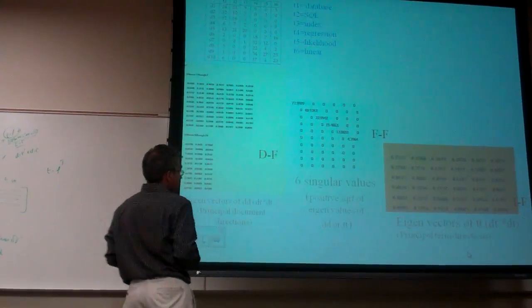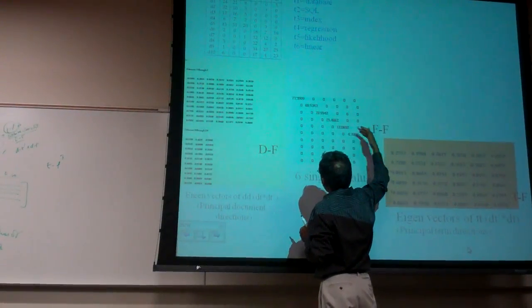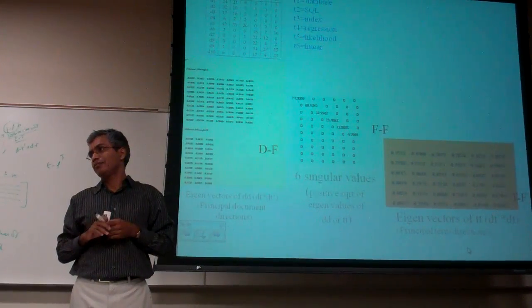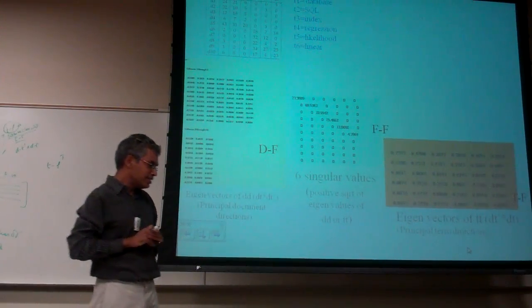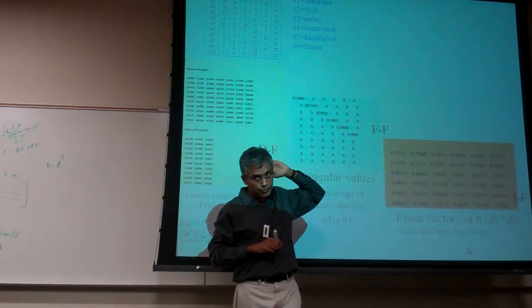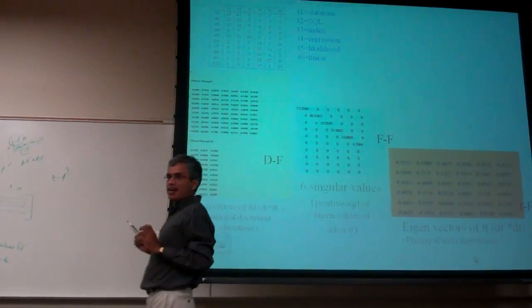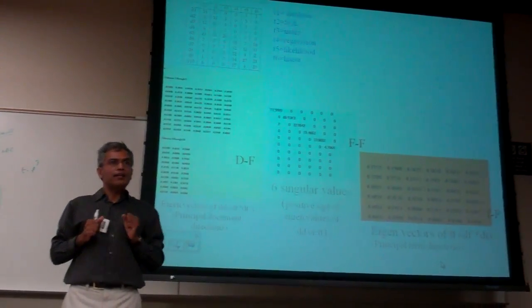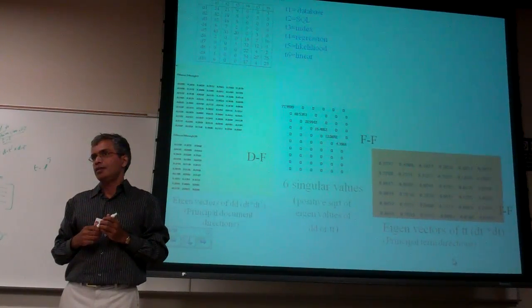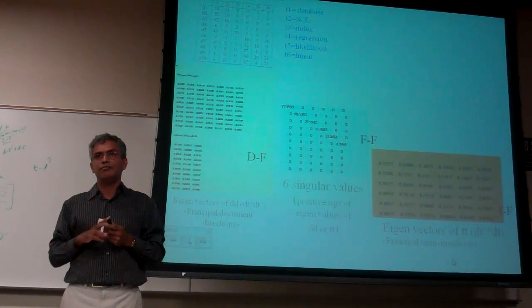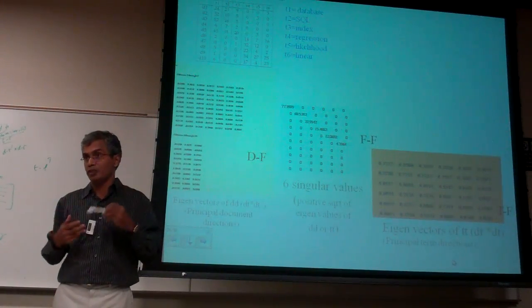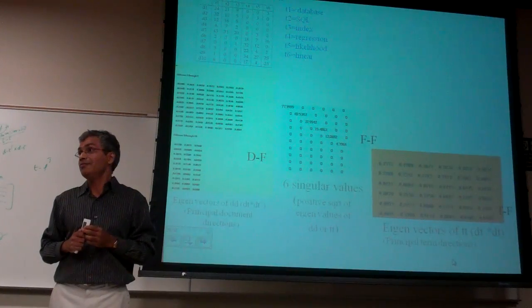Now the other question is, why are these things all nicely positive, real numbers? Imagine all sorts of things that can happen. Remember that these are supposed to be square roots of the eigenvalues. If I take an arbitrary square matrix, what are the constraints on the eigenvalues? Do they have to be always positive? Positive and negative is possible. Do they have to be always real?